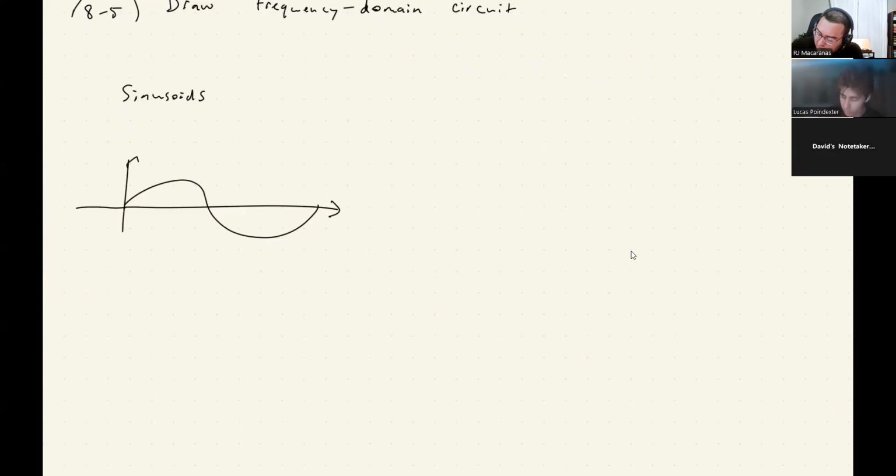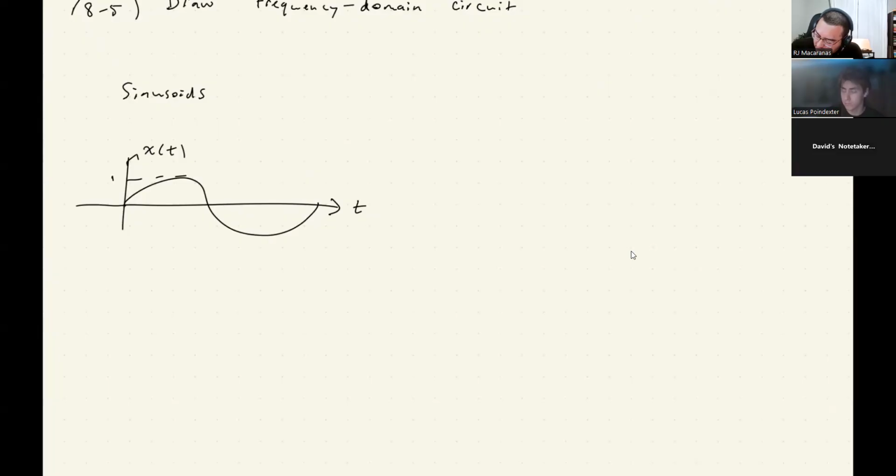So it starts at 0, it goes up to 1, and it goes down to -1, and this happens in a single cycle, 2 pi.